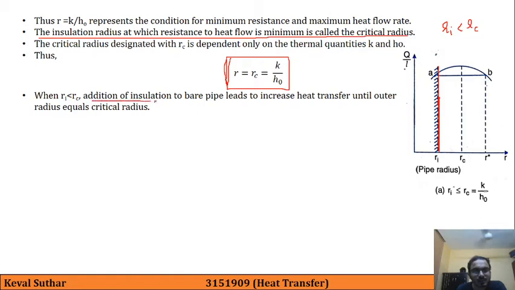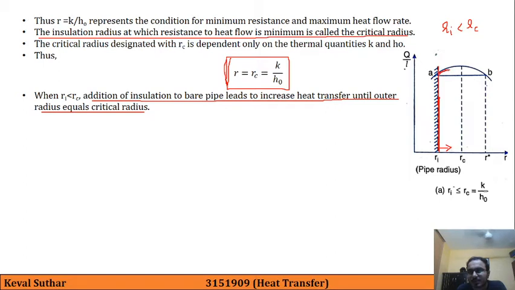the addition of insulation to the bare pipe leads to an increase in heat transfer until the outer radius equals the critical radius. So here on the x-axis we have radius and on the y-axis we have heat flow rate Q. So if we increase the radius from Ri, then the heat flow rate will keep on increasing.